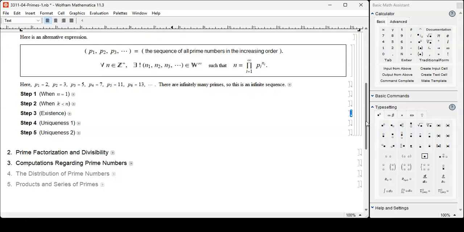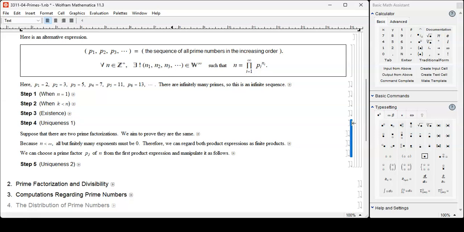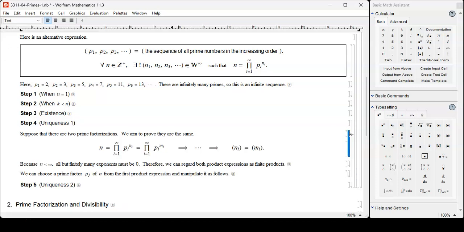Now let's go to uniqueness. In the uniqueness, this infinite product expression will be a little bit more useful. Let's use the proof by contradiction. Suppose that there are two prime factorization expressions. Oh no, this is not a proof by contradiction. Sorry about that. This is a direct proof.